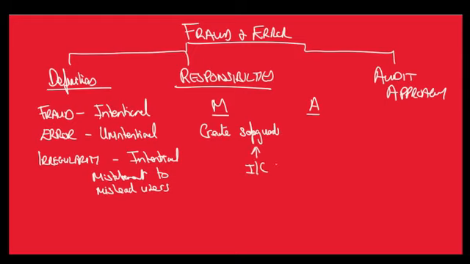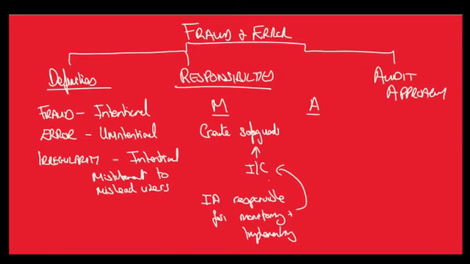And internal audit obviously is responsible for monitoring and implementing these internal controls. So, management, they must try and create safeguards that will prevent fraud and error in the first place.